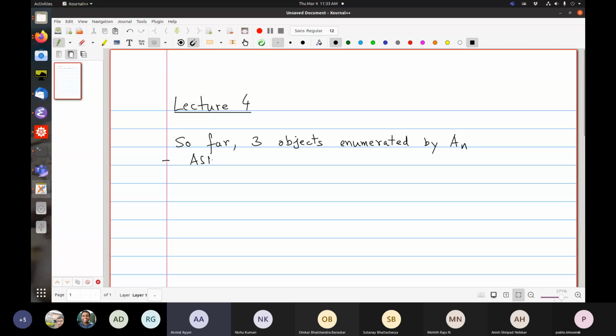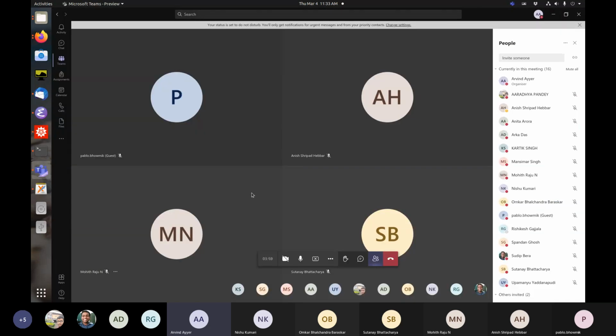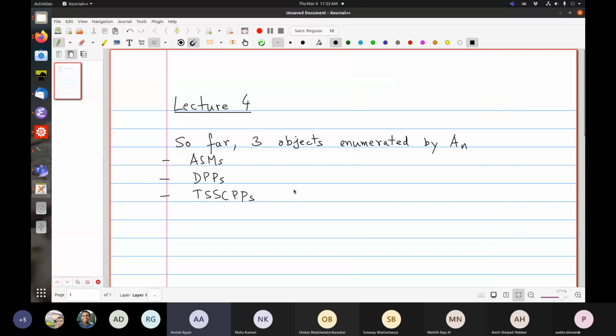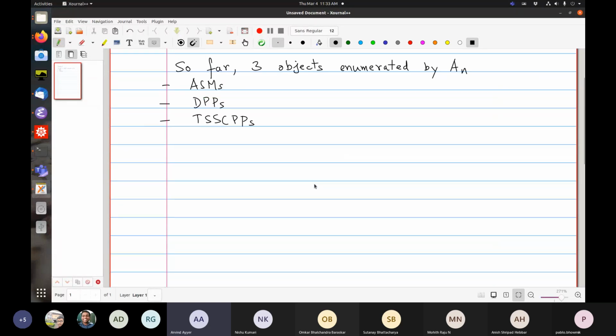First is alternating sign matrices, then there's descending plane partitions, and the last one is TSSCPPs, totally symmetric self-complementary plane partitions. So today I want to give you one more class of objects, discovered recently, which is also enumerated by the same sequence.